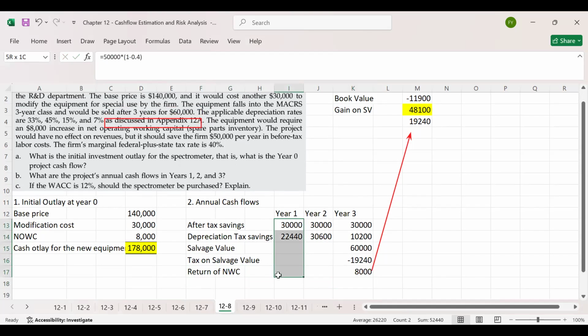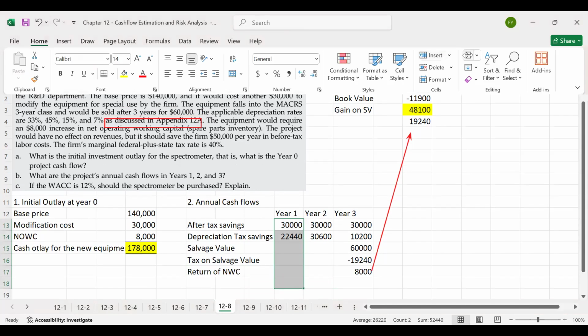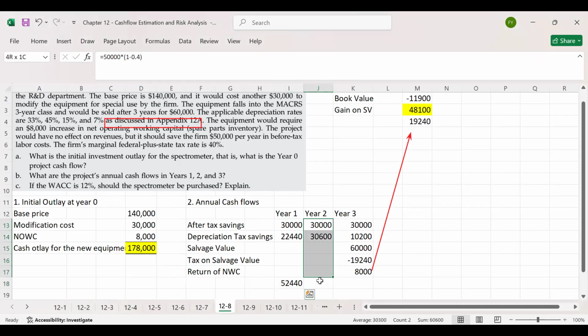So here we have the total annual cash flows. These are the total cash flow amounts. We are adding all of the amounts. So this is requirement number 2.